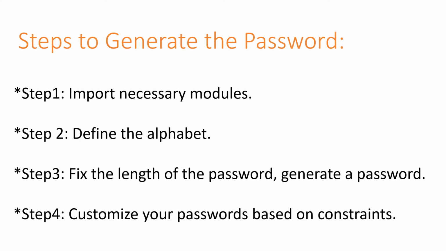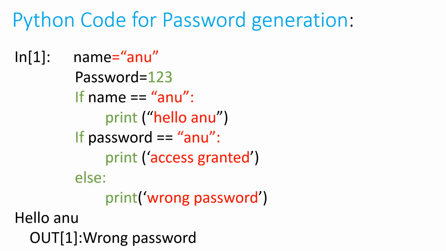Next, we will move on to the code for generating the password. Here is the Python code for the password generation. Here we are giving the input name as Anu, which is enclosed by double quotes. It is known as a string. Strings are nothing but a sequence of characters enclosed by double quotes, and here we are giving the password as 123.